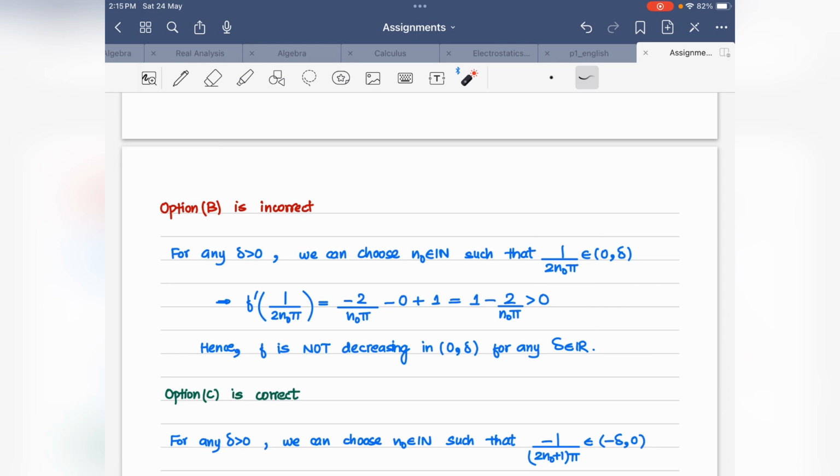So at this point the derivative of f is minus 2 upon n naught pi minus 0 plus 1, because sine at any multiple of pi is 0 and cos at any even multiple of pi is positive 1. So this is 1 minus 2 upon n naught pi, which is always positive because this quantity is less than 1.